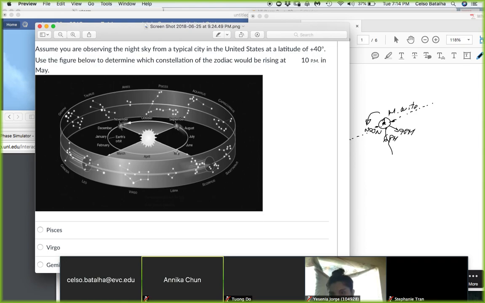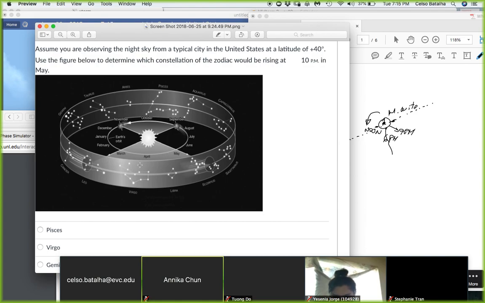So in May, Earth in May, and that's the exercise, at noon, you are facing the sun. Midnight, you face Scorpio. Between noon and midnight, 6 p.m., you would be facing a region that is pretty much tangent to the circle.